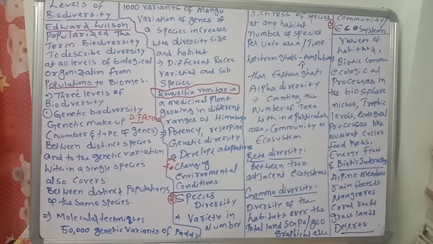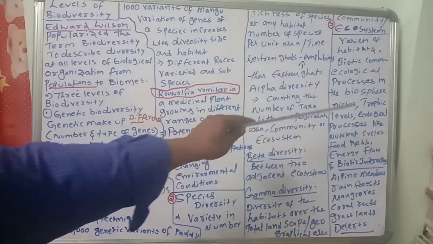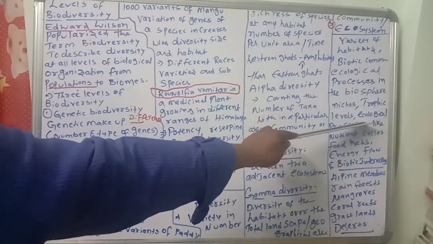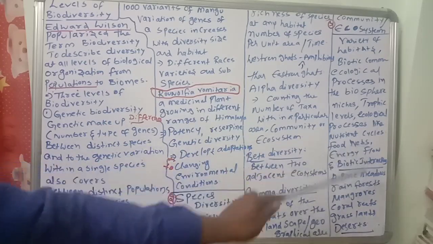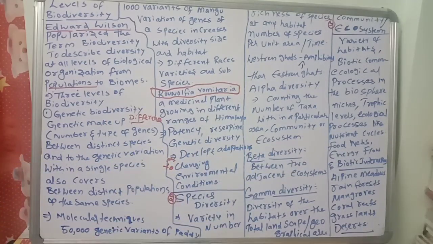It is the diversity at ecosystem level, due to the diversity of which ones? Niches, trophic levels, ecological processes like nutrient cycles, food webs, energy flows and biotic interactions. These all are called diversities only.